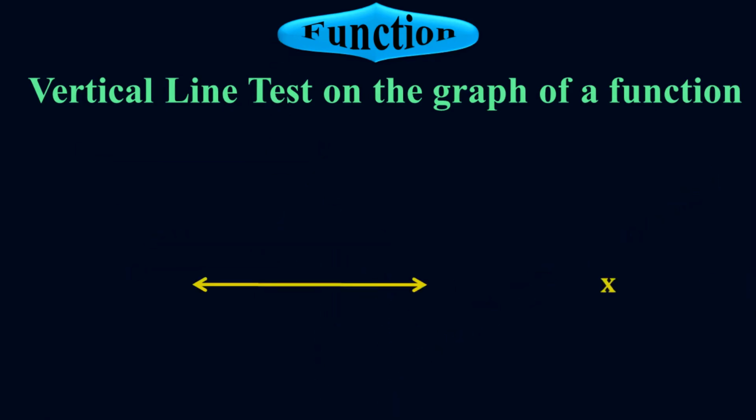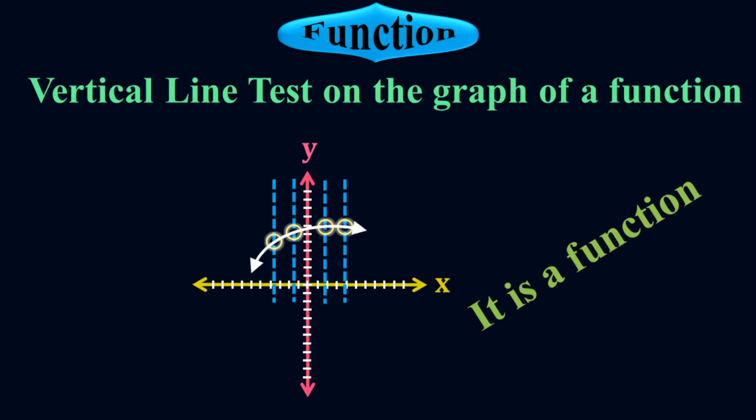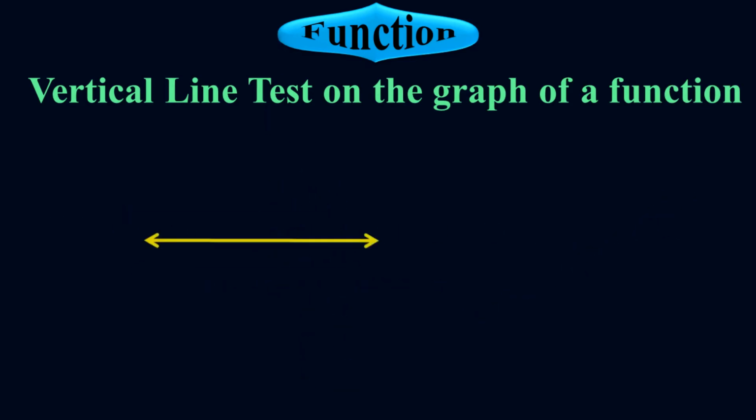Let me take one more example here. If I have a function where its graph is in this shape, let me pass the vertical lines. Look, all the vertical lines touch the graph only once at these points. It satisfies the vertical line test, so it is a function. It is a perfect function. One more example here.